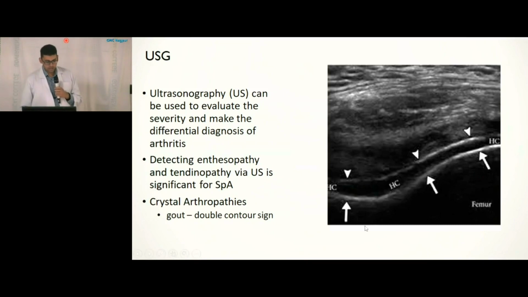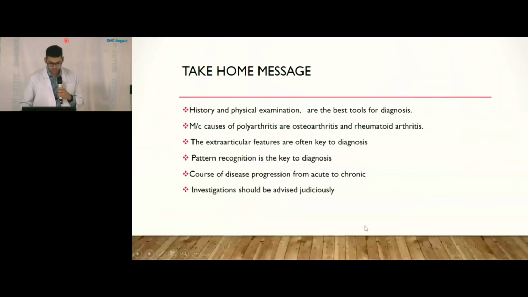So my take-home message would be that history and physical examination are the best tools for diagnosis. You don't require investigations for diagnosing every patient of arthritis. Most common causes of polyarthritis include OA and RA. Keep in mind, if the patient comes to you at an early age, before 60, RA is most common; after 60, OA is most common, based on the onset of arthritis.